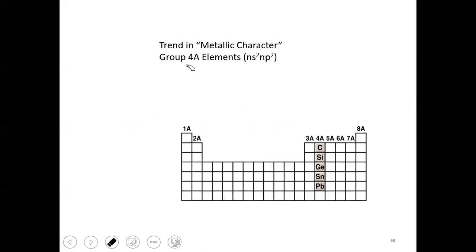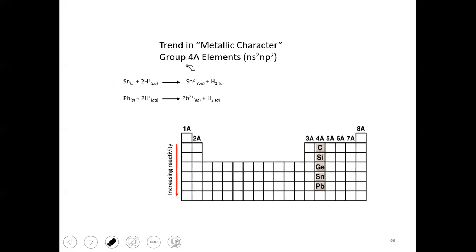All right. Let's make a jump here to group 4A elements. Now remember, group 4A spans all the way from the nonmetal carbon through the semi-metals, silicon, germanium, all the way to the metals, tin and lead. Now, of course, tin and lead will react with acid, whereas carbon, silicon, germanium will not.